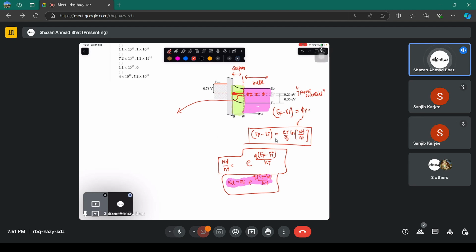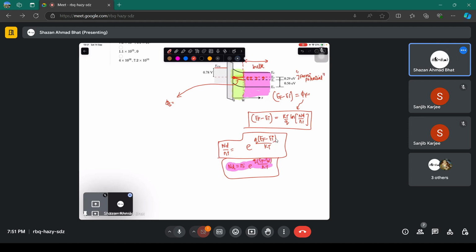How are you going to find the concentration? Because you know the surface potential is basically the difference in the Fermi level in the bulk and at the interface, or the difference in the intrinsic level in the bulk and that of the interface.